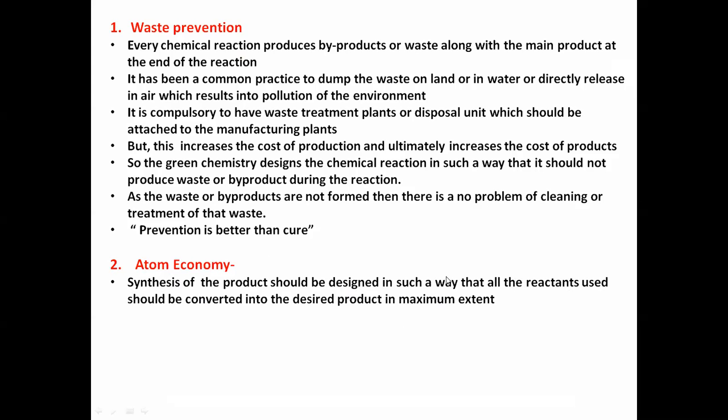The meaning of this statement is we should have a chemical synthesis route. Whatever chemical reaction we write, that reaction we perform in industry and we get the product. So what does the atom economy principle say? The final product should contain all the atoms which are present in the reactants.